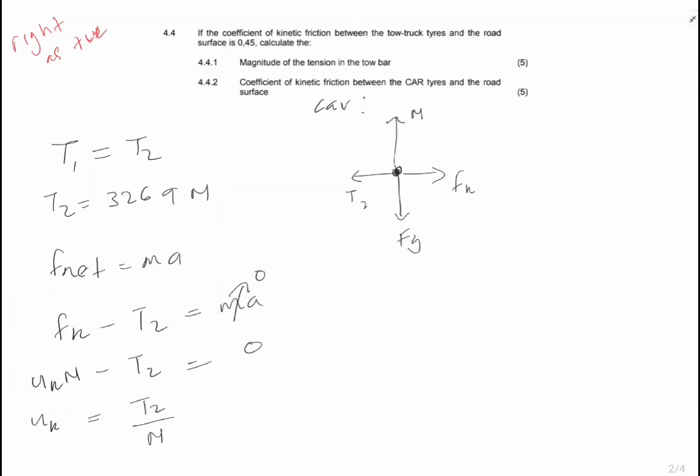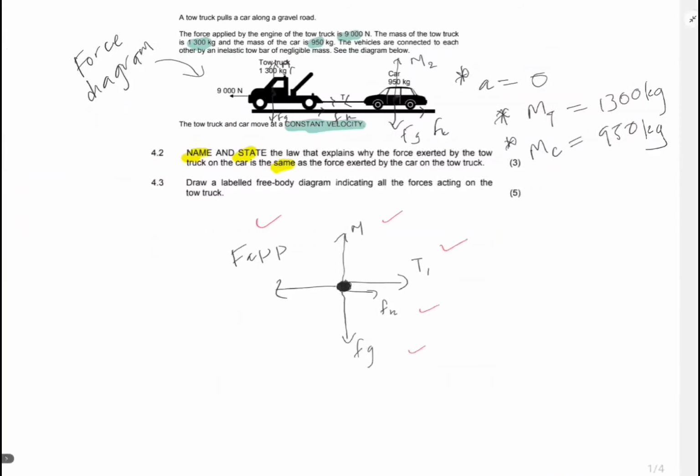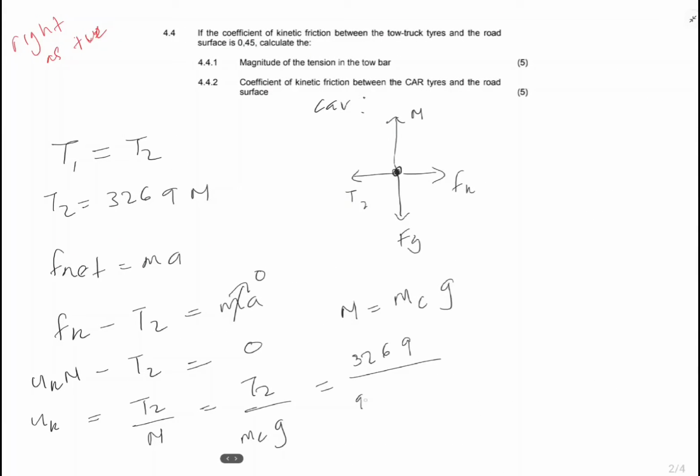But what is the normal force in this case? Our N is equal to the mass of the car times the gravitational acceleration. So mu k is 3,269 all over the mass of the car, which is 950 times 9.8.